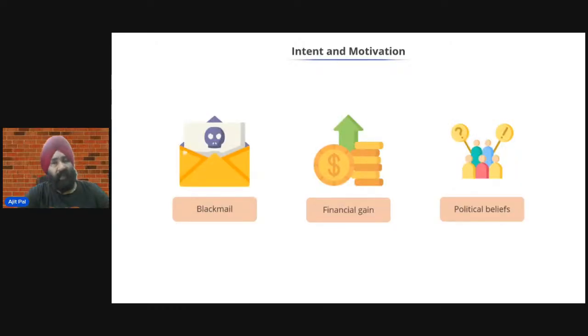Then blackmail. Cyber blackmail, also known as sextortion, is a type of cyber crime where attackers threaten to expose embarrassing or sensitive information about a victim. A very good example of this is in 2016, a company called Ashley Madison, a US dating website.